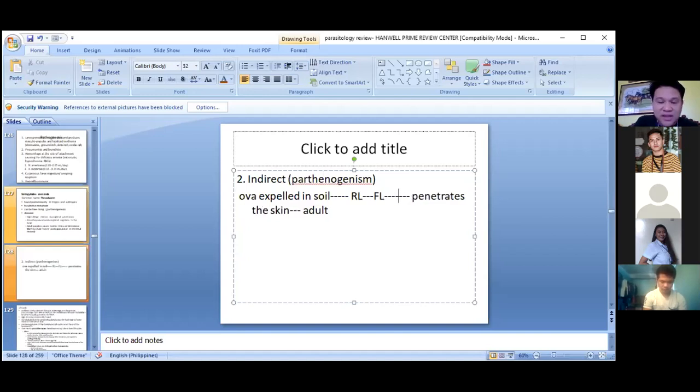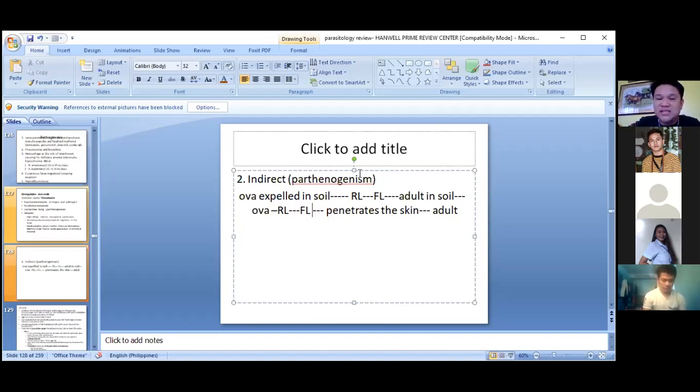However, the filariform chooses to become an adult, correct? Naintindihan? Adult, still in soil, right? Okay, and then the ova expelled by the adult. Naintindihan? Okay, the ova becomes rhabditiform, the rhabditiform turns into filariform, the filariform would be the infective stage, so it penetrates the skin of man to grow into an adult. Okay, so that is the indirect life cycle.